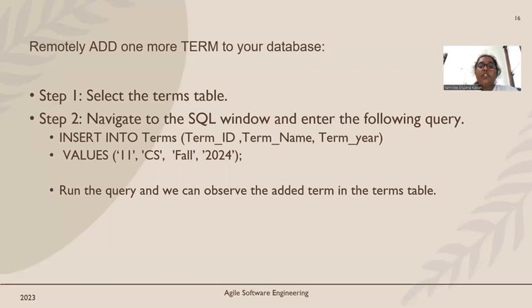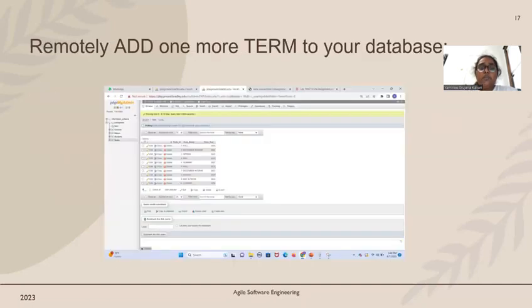So we have to represent them here, and we have to give the values to be inserted. So I am giving values: term ID as 11, term name as fall, and term year as 2024. I'm going to run the query, and the output would be as follows. Here the extra term will be added and displayed.